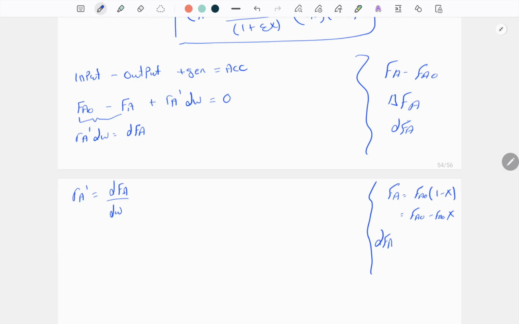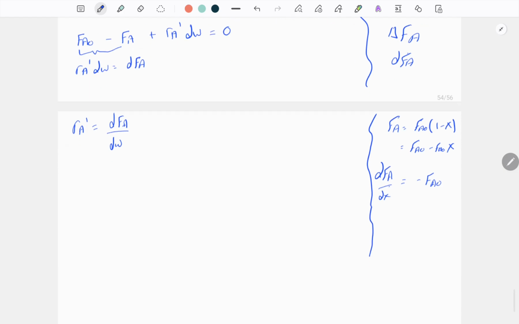Now, the derivative of FA in terms of x equals negative FA naught. Therefore, dFA equals negative FA naught dx. And we're going to substitute that here in this term because we want to change dFA in terms of conversion.